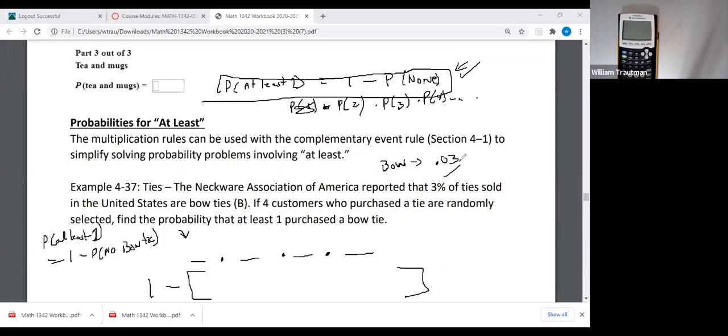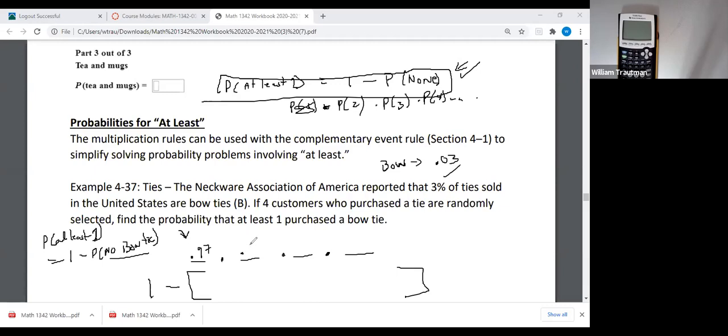If 3% of everybody who wears a tie wears a bow tie, how many people do not wear a bow tie? 97%. If 3% wear bow ties, it has to add up to 100%. So 97% wear some other tie.